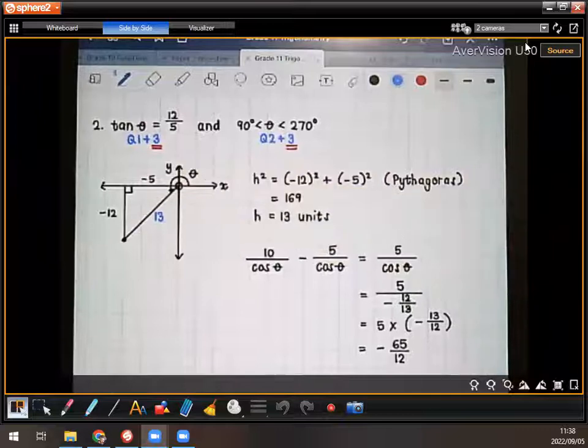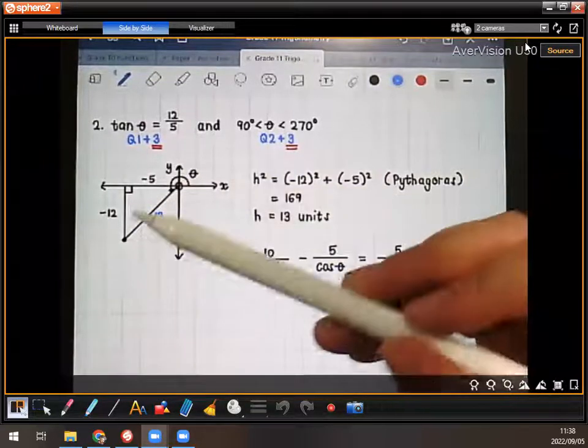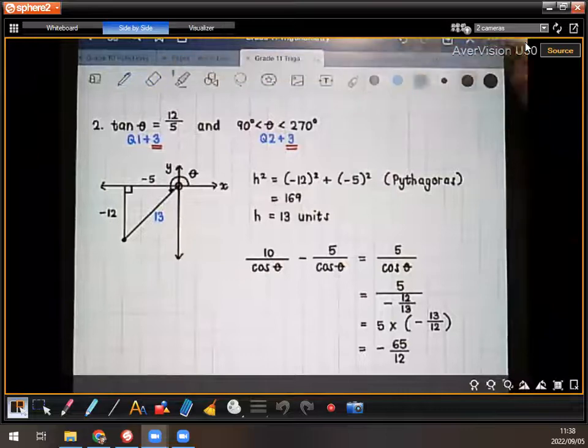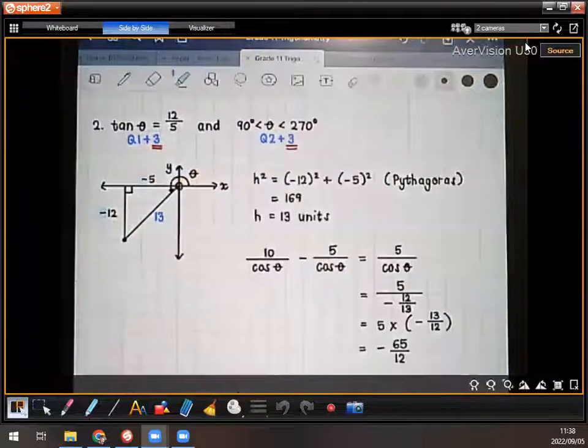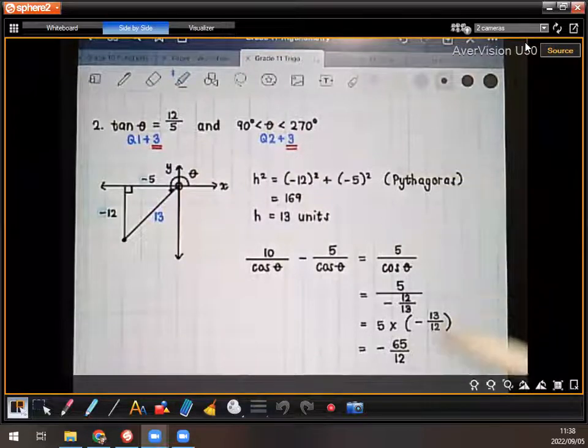Negative divided by negative is still a positive. Okay, so just be aware of that. That was the tricky thing about this question, that you have to put a minus for both of them, just because it is in the third quadrant that it works out like that. So just check. If you just put a 12 and a 5, then your final answer here is not going to be right.